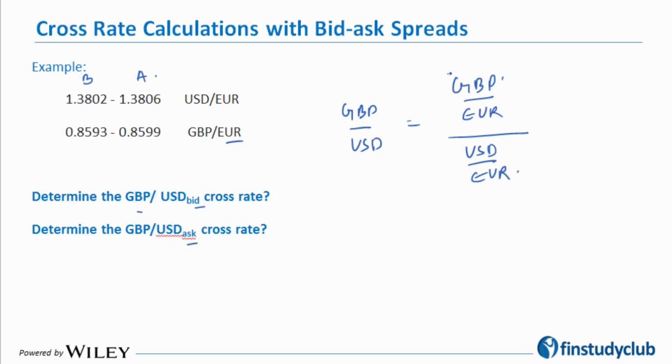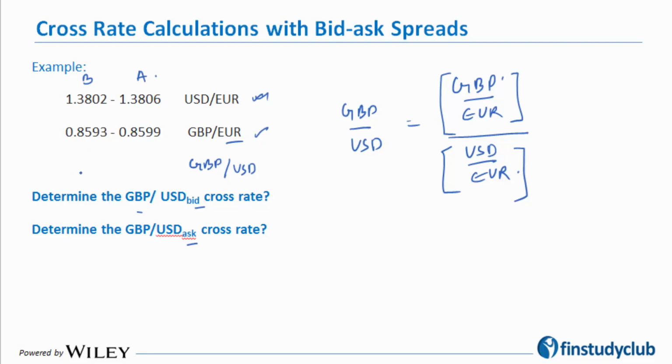Okay, so when you divide this exchange rate by this, you are going to get GBP USD. Alright, so for me to get GBP USD, I should be dividing this with this.